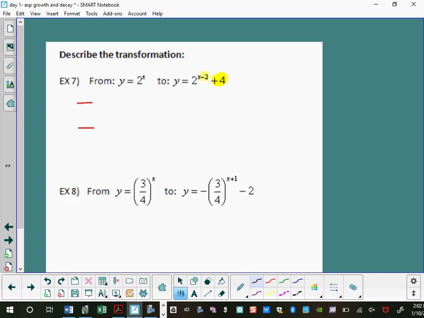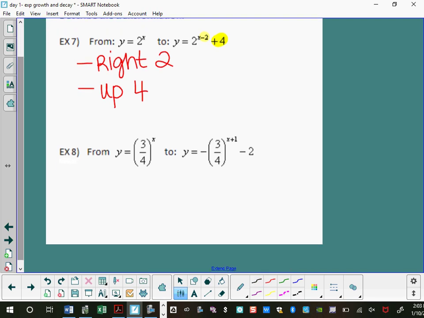What does that plus 4 tell me to do? Up 4. If you guys are struggling with your transformations, make sure you go back and look at that page that we just did. It gets better with practice, but you gotta know your transformations.